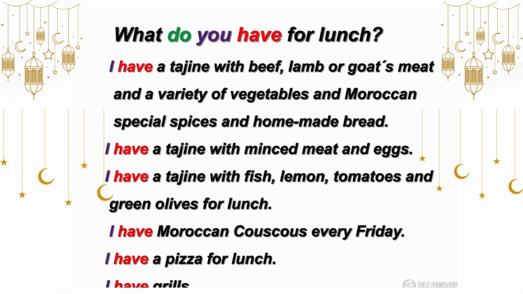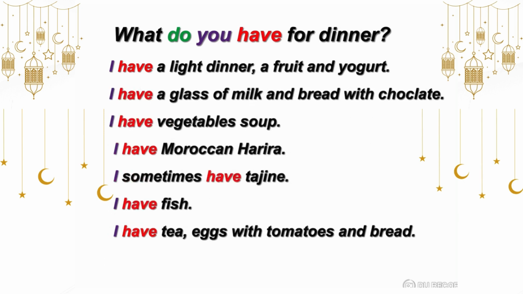Let's go to the next slide. What do you have for dinner? I have a light dinner, a fruit, and yogurt. So yogurt is spelled in two ways. You can spell it, write it like this, or you can write it with H: Y-O-G-H-U-R-T.